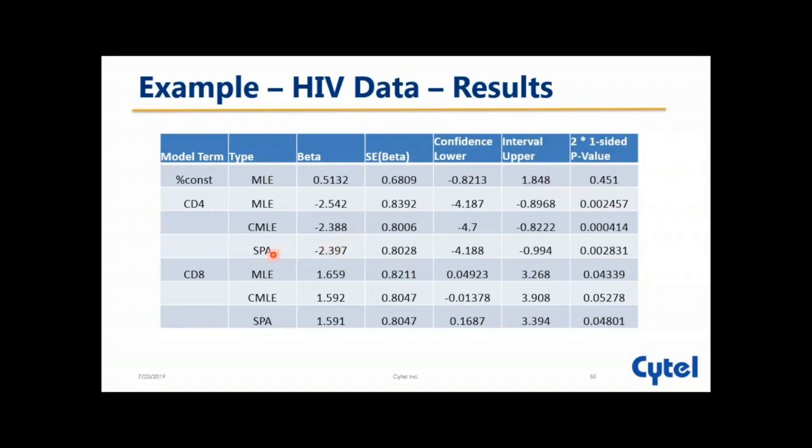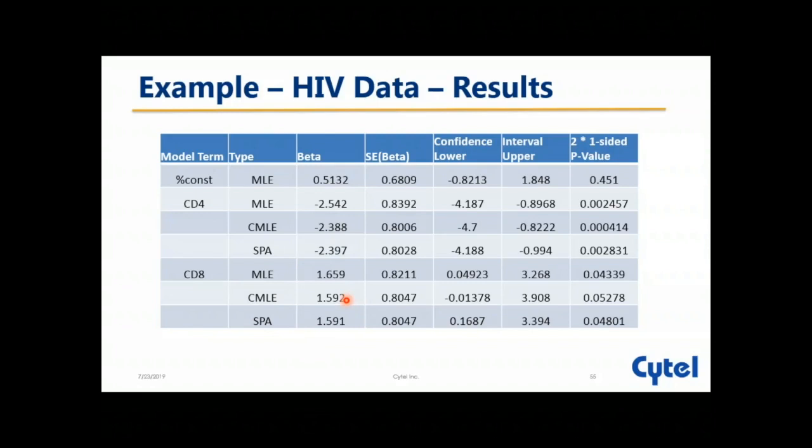So, SPA is quite close to exact as compared to MLE, because we have seen MLE is an unconditional inference, while exact and SPA are conditional inferences. So, SPA, even though it is asymptotic, because we have done the complete conditioning, the results are quite close to exact. Same thing you can see even for CD8.